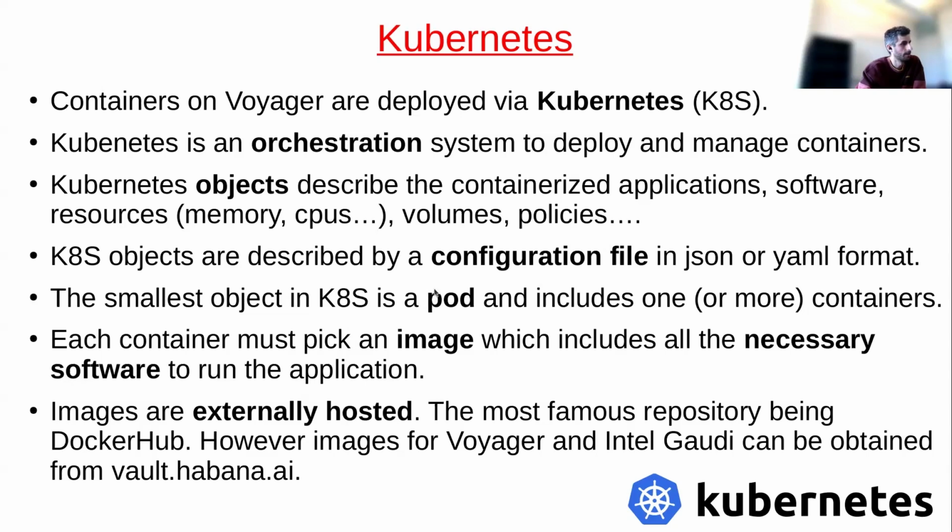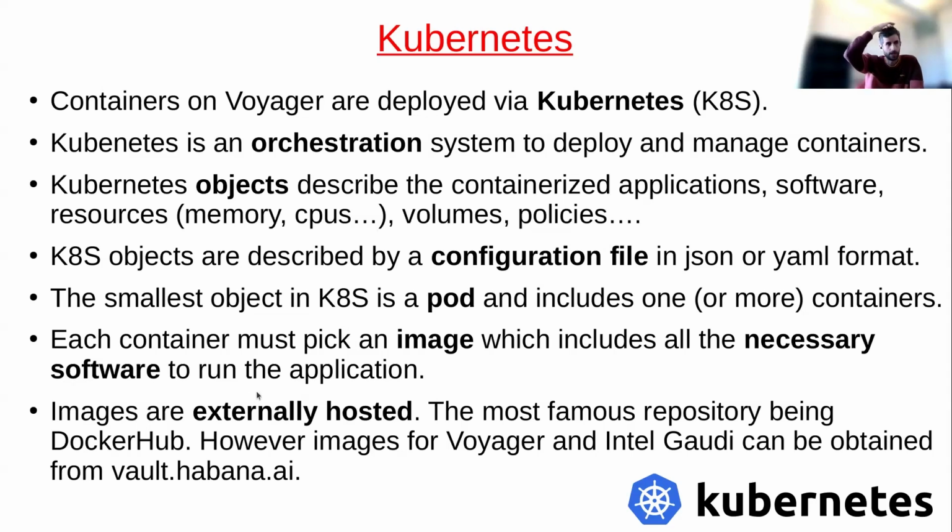A container needs an image. That image includes all the necessary software to run your application. And those images are usually externally hosted. For example, maybe you heard about a famous repository, Docker Hub. This is for general purpose.